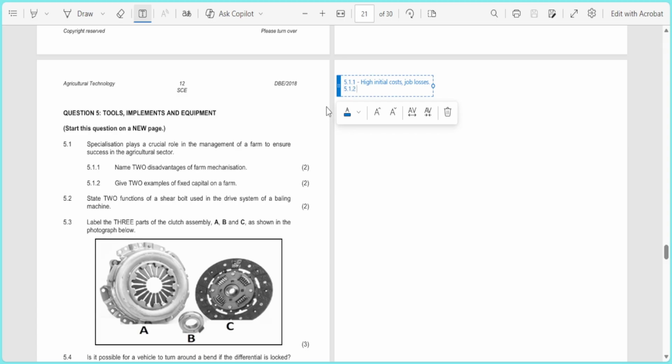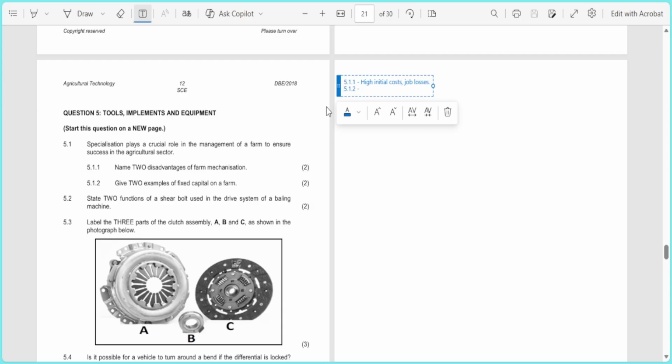5.1.2, give two examples of fixed capital on a farm. Okay, fixed capital. What is fixed capital? How do we define fixed capital? Let's start with the definition first. All right, so learning the key concepts in many cases is going to save you the hassle of having to memorize stuff, right? So knowing the definition in many cases can help you get answers a bit more faster.